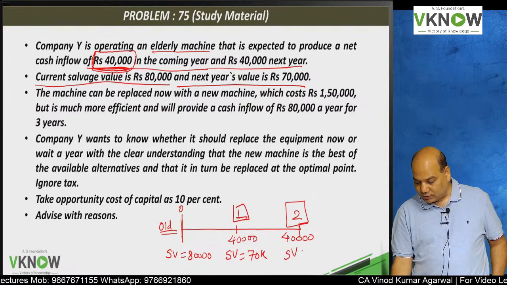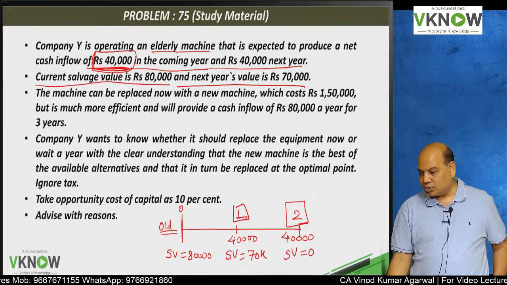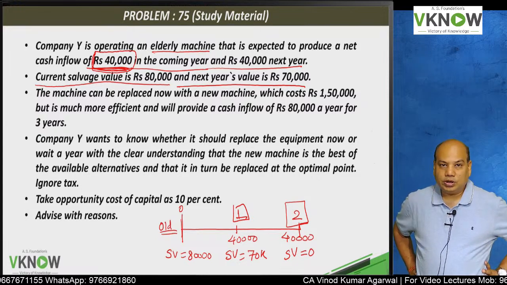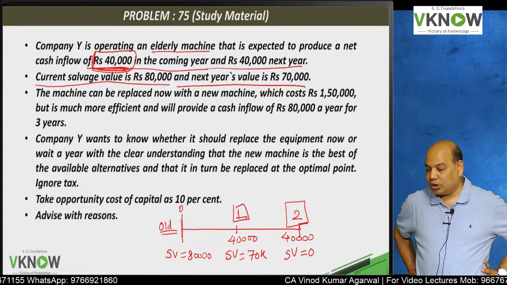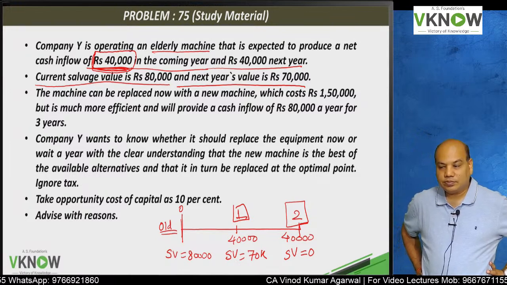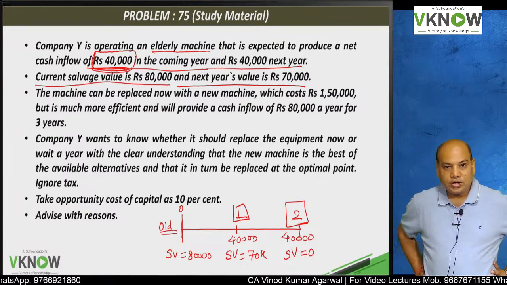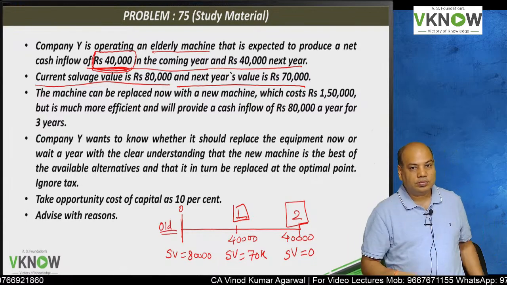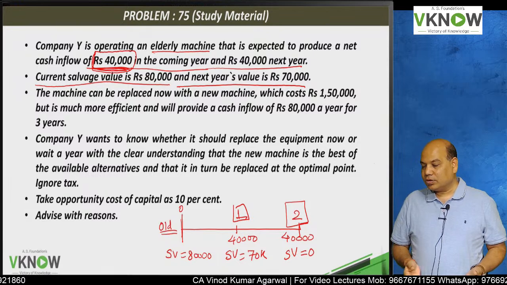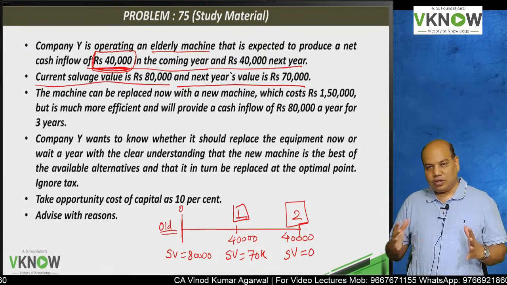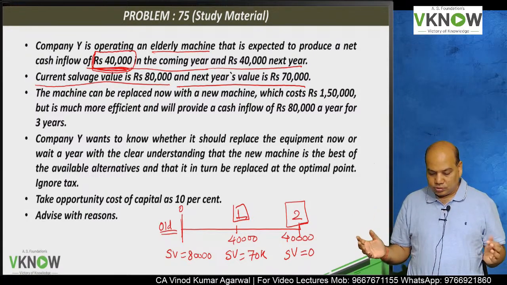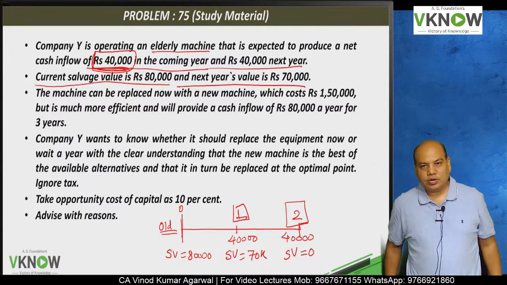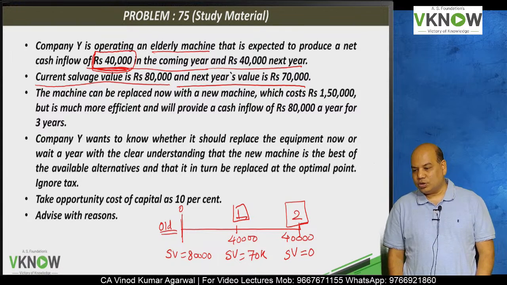If nothing is given, I can assume that scrap value after 2 years is 0. Today you can scrap it for 80,000, after 1 year for 70,000, but after 2 years the question is silent. Usually once the asset's life is over, we assume scrap value is 0 if nothing is given.